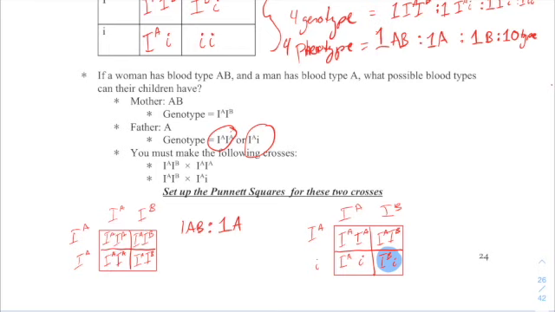And in the second one, we have 2 A-type blood with 1 AB and 1 B-type. That's not a unique ratio, we have seen the 1-to-1 before, but it is unique in this case because of the format of those ratios.